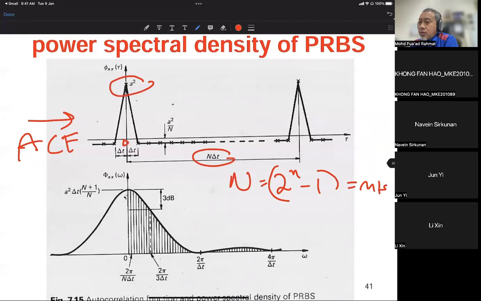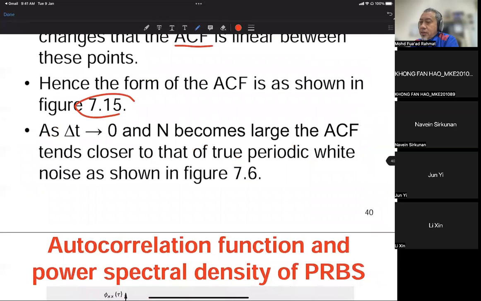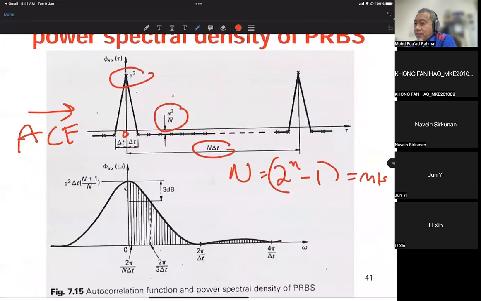And delta t on the left and on the right, and between the datum line and the autocorrelation function is a square divided by N. And as delta t tends towards 0, N becomes large, the maximum value of the ACF, which is closer to the true periodic white noise, as shown in the previous figure.